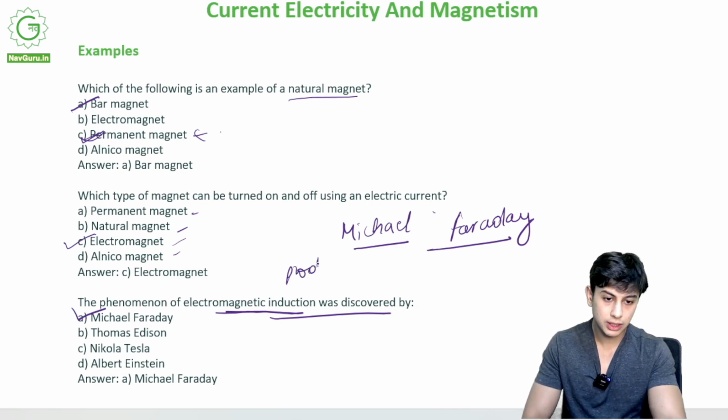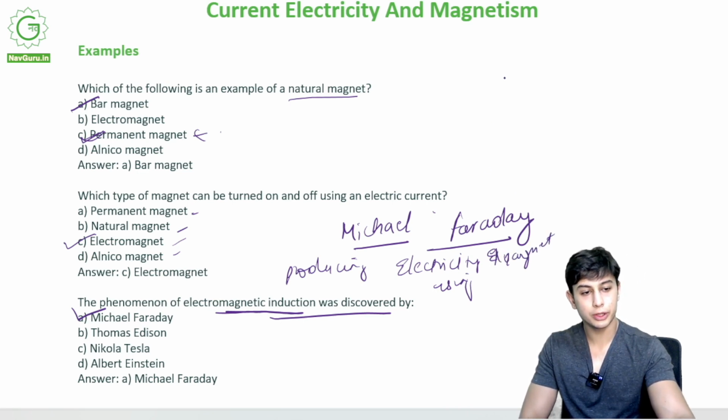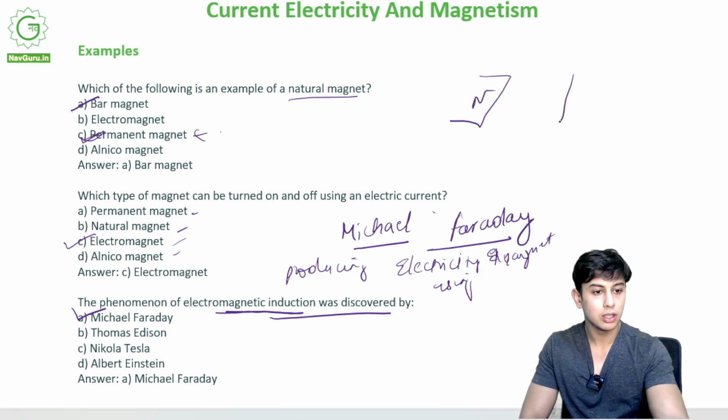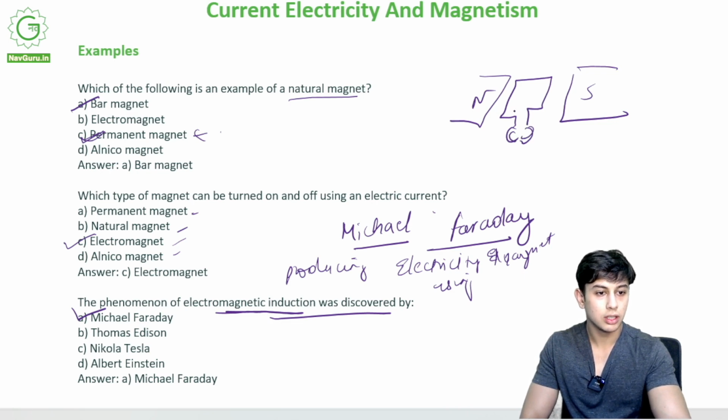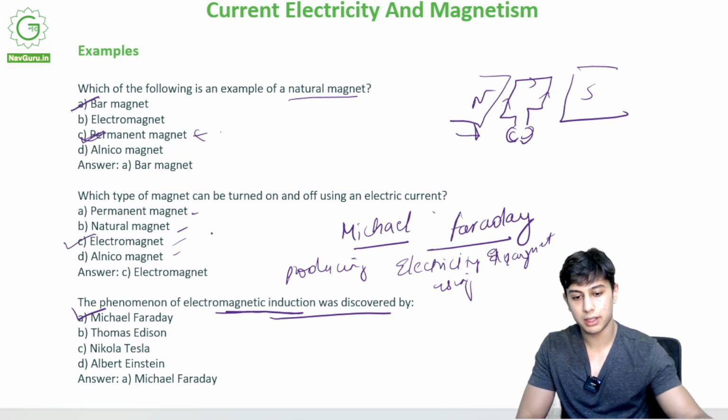Producing electricity using magnets. If you remember, I showed you a diagram. There is north pole, this is south pole, there is a coil over here connected to rotators and current flows through these. All right. So you need not go into the details, but this was discovered by Michael Faraday.